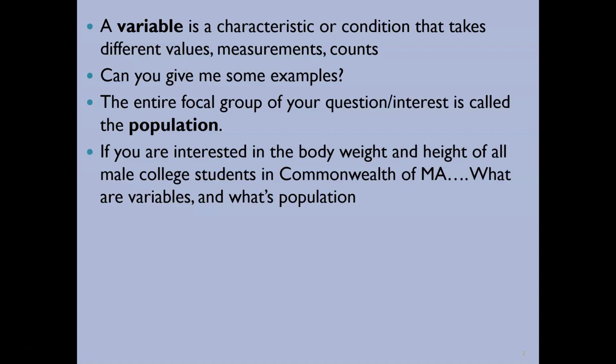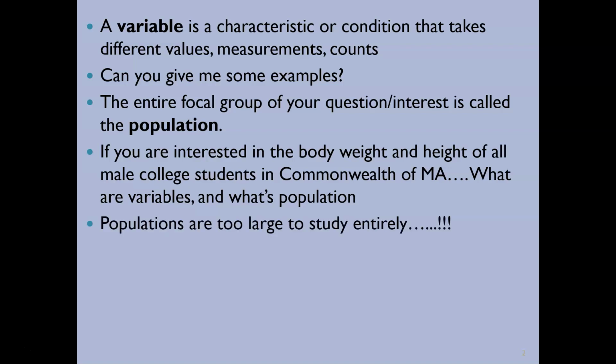If you're interested in the body weights and heights of all male college students in Massachusetts, what is the variable and what is the population? The population in this case is all male college students in Massachusetts. The variable you are interested in is the body weight and body height of an individual male student. So a variable is something you measure or count. A population is the entity that you are interested in studying.